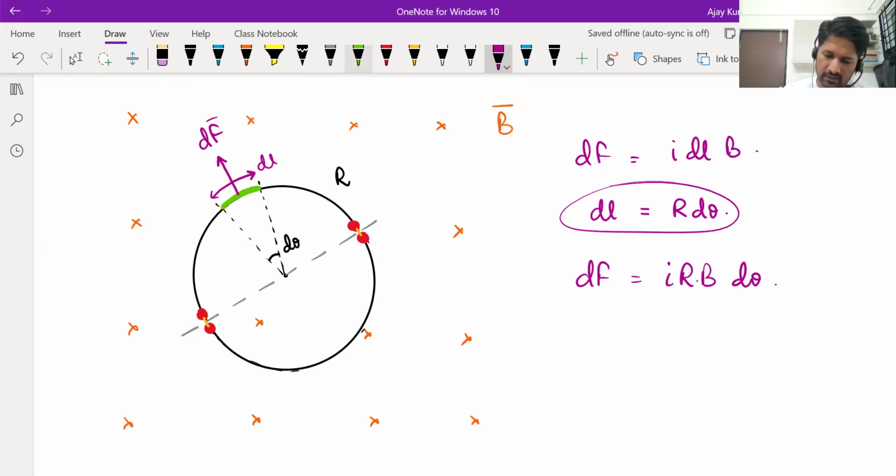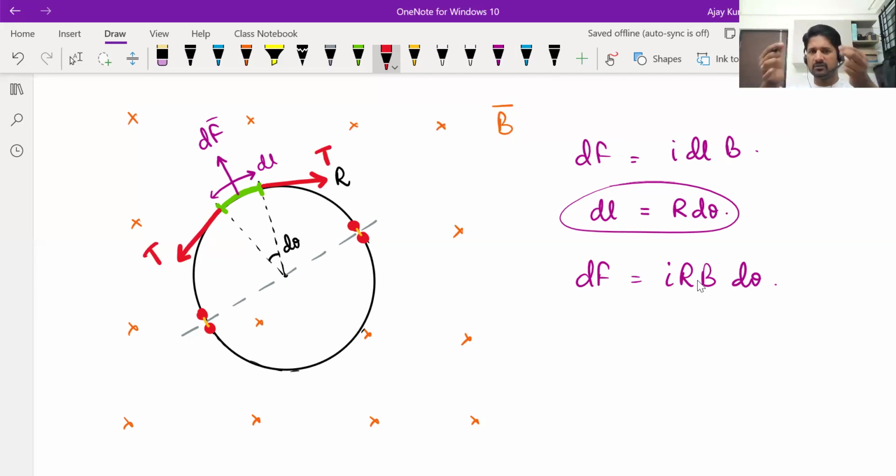Now listen, for this element also, at the ends, there will be tensions acting. There will be a tension pulling it this way, and there will be a tension pulling it this way. Now these two tensions are not exactly opposite to each other because the element is curved. It's not a straight element where tensions are exactly opposite.